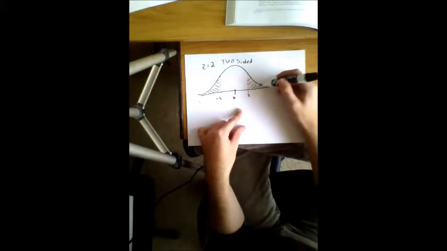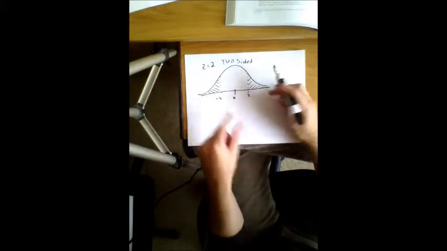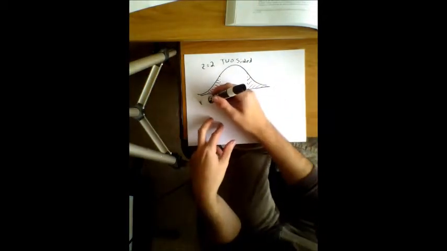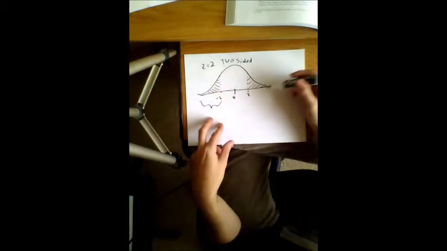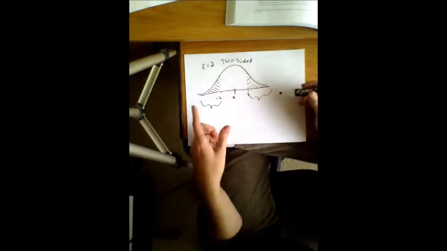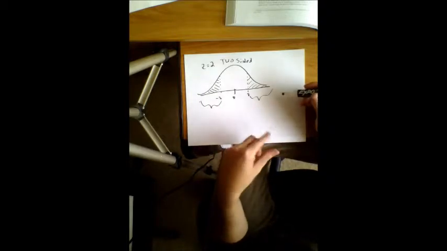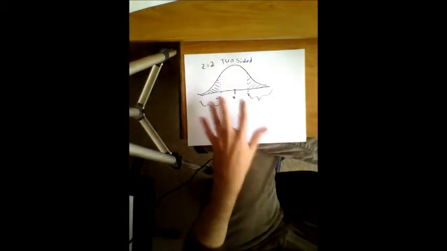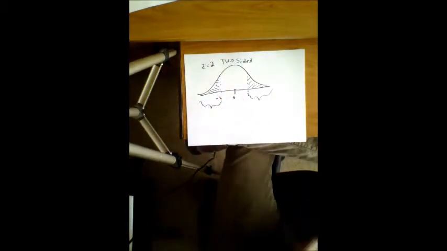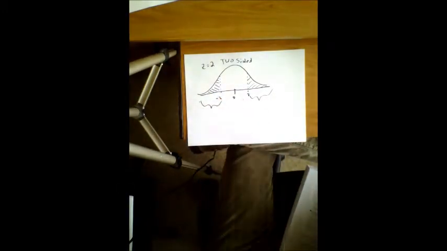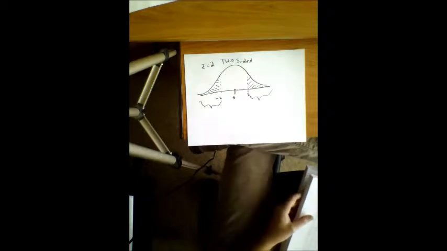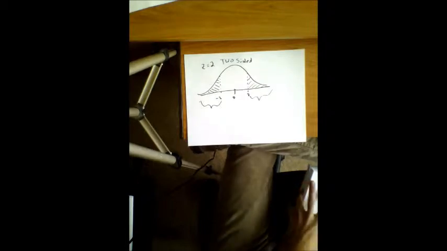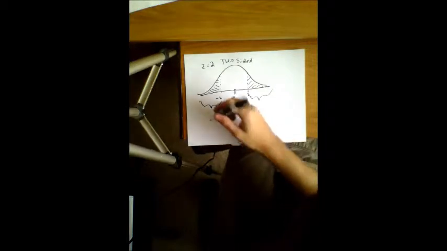would be these areas. So what you would do is you would find this area, and you could find this area as well and add them together, but what you'll find out is it's much, much easier to use the assumption that this is symmetric, and then we only have to look one of these things up. So if you look it up, the area should be 0.0228.